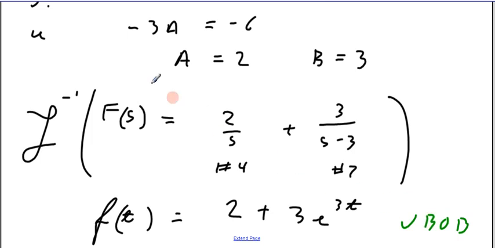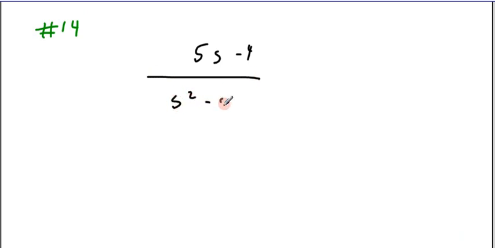Now we're moving on to 14. Now why am I doing so many of these? Well, because you need to do that many too. You have to get familiar with what's going on here. 5s minus 4 over s cubed minus s squared minus 2s. Okay.